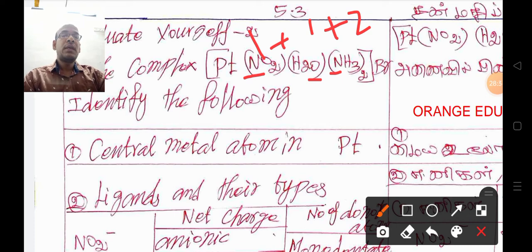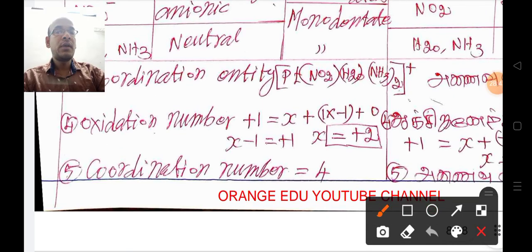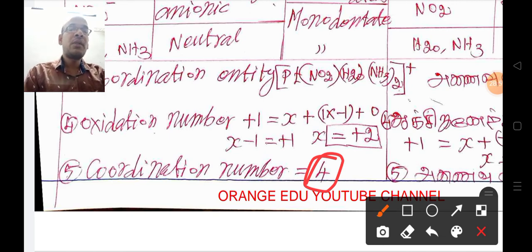Therefore, coordination number is 4. Otherwise, coordination number is the number of metal to ligand sigma bonds. Metal to ligand coordinate covalent sigma bonds are also 4. Therefore, coordination number is also 4.